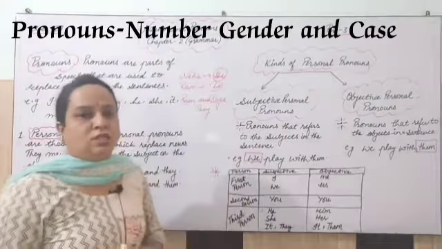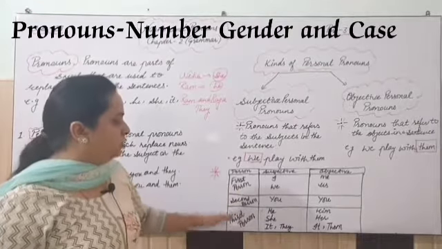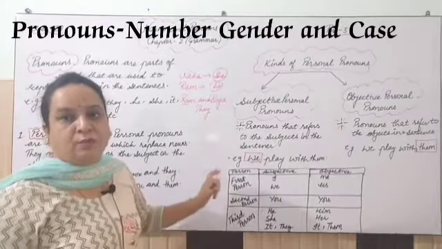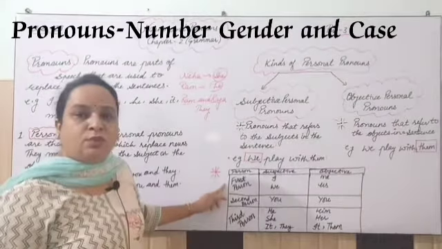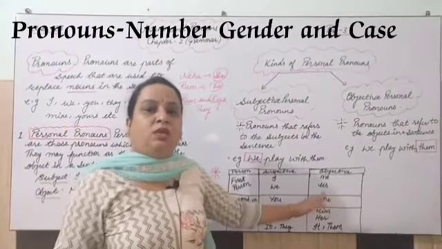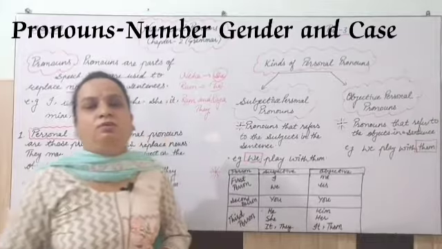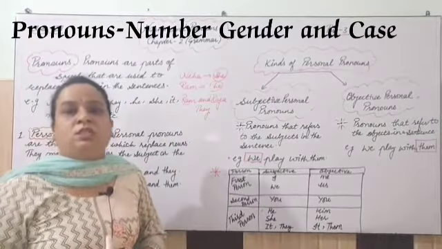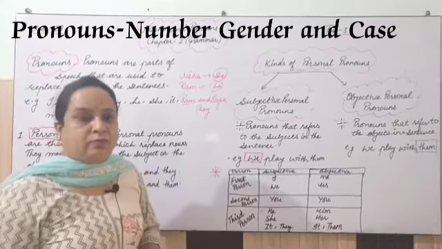Now very important thing, just have a look at this quickly, that this is divided into three persons. Personal pronoun is divided into three parts. Number one is first person, second person and third person, and this is given here in both of the cases, subjective case and objective case. So when we talk about first person singular, it is I, right?